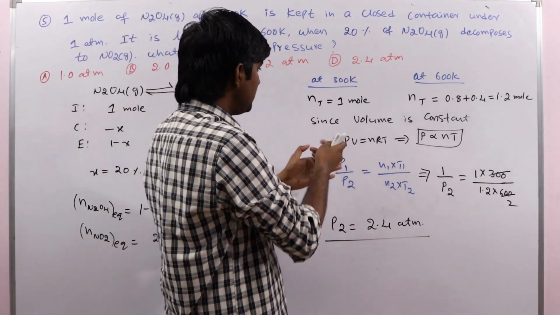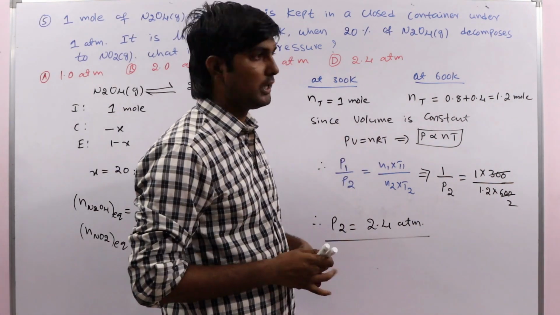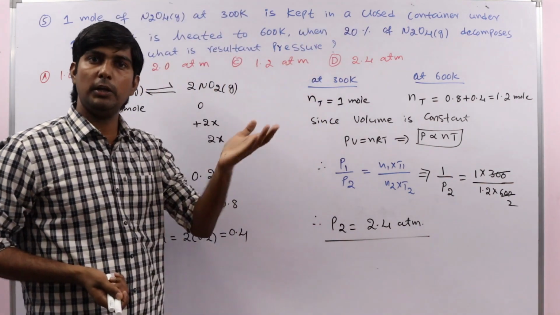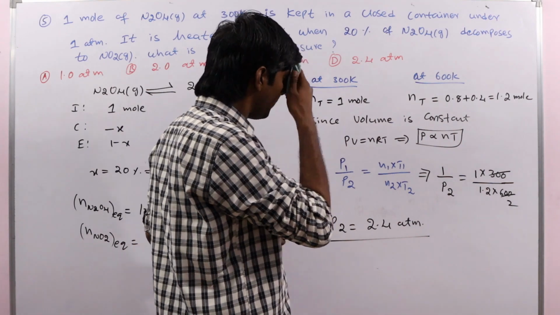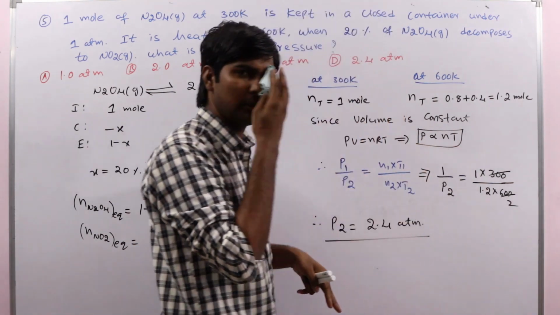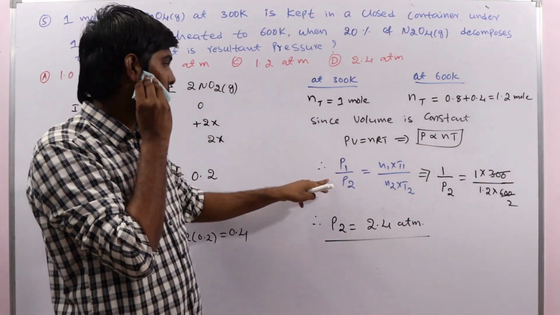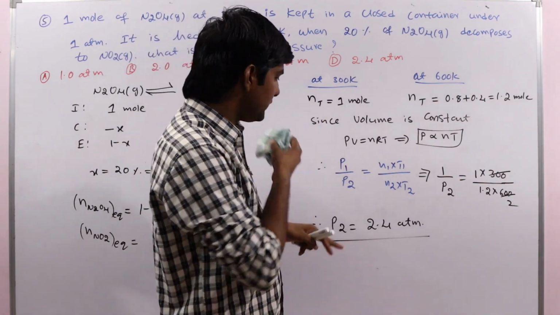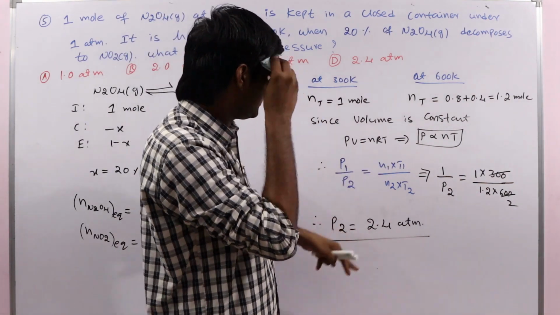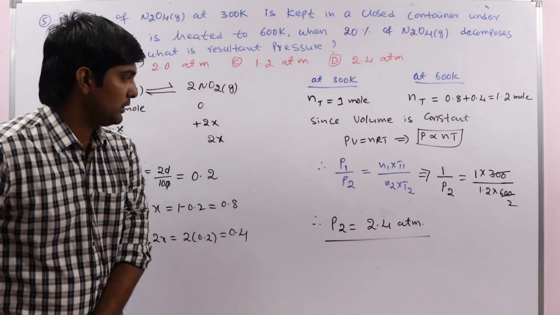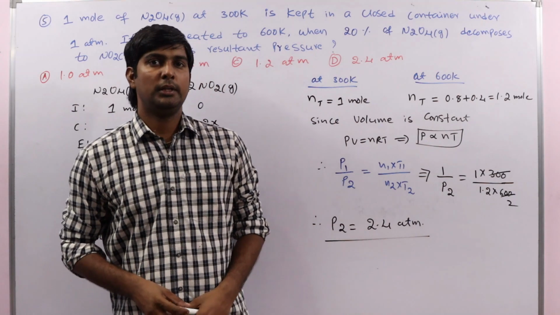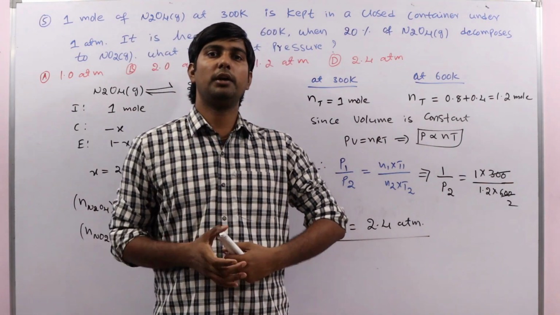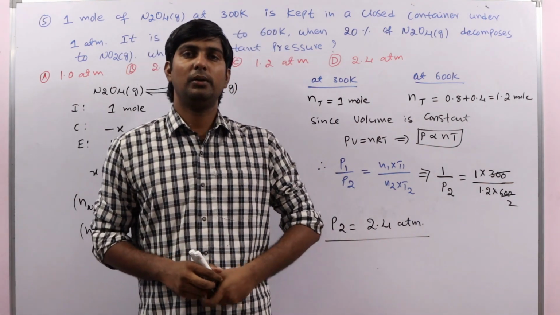By utilizing the ideal gas equation, closed container means volume does not change, so P is directly proportional to N into T. We have two conditions, so P1 by P2 equals N1 T1 by N2 T2, and from this we calculated P2. Clear? In the next lecture we discuss some other different types of problems. Okay, thank you.